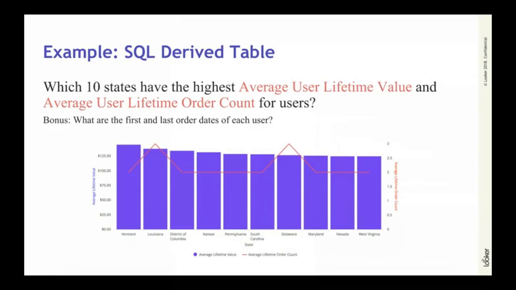Well, if we just take this one metric here, for example, right? It's called average user lifetime value. So what does that really mean? Well, it's asking me to, at the state level, right? It's asking me to take an average of all the users' independent lifetime values, right? And that's the metric that I'm trying to display.